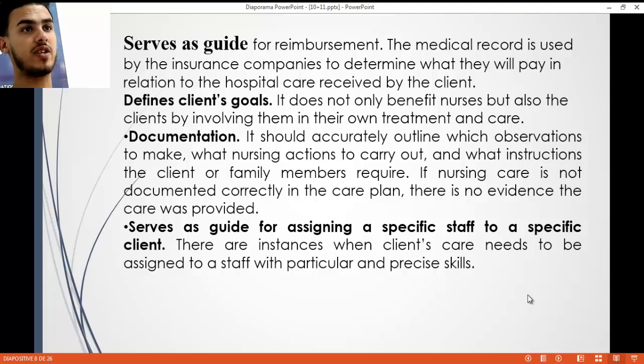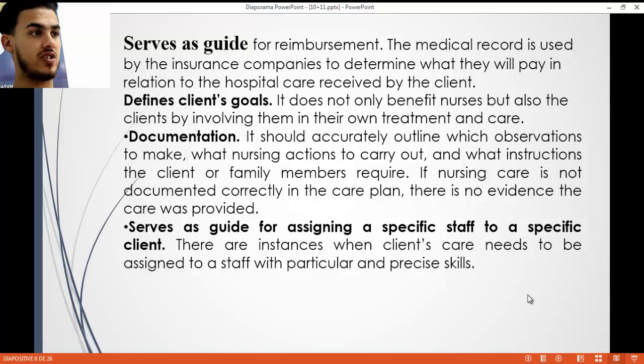For reimbursement, the medical record is used by insurance companies to determine what they will pay in relation to the hospital care received by the client. It defines client goals, so it shows us the client's aims behind the therapy. Documentation: it should accurately outline which observations to make, what nursing actions to carry out, and what instruction the client or family members require.